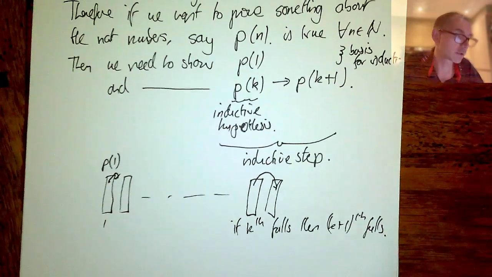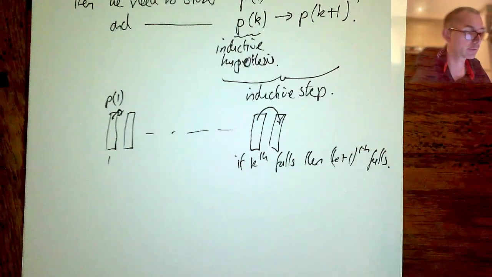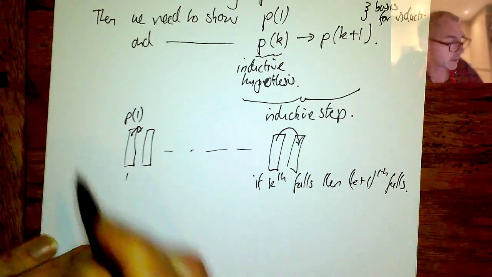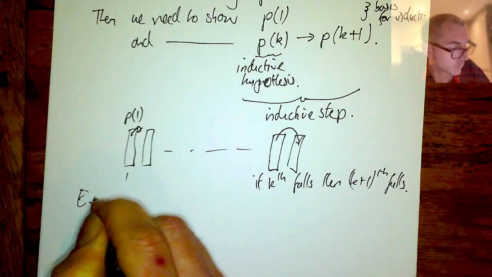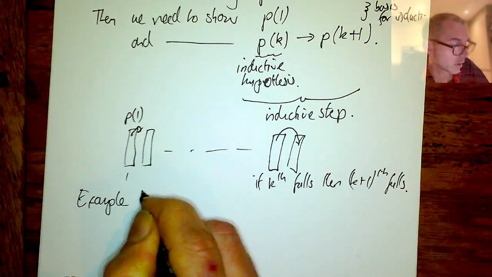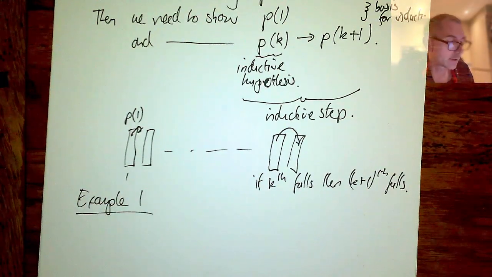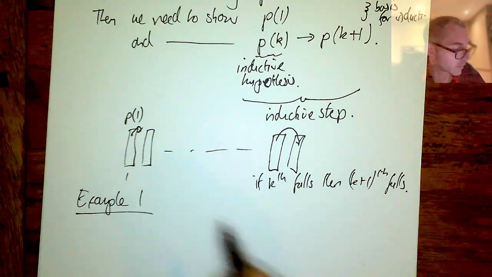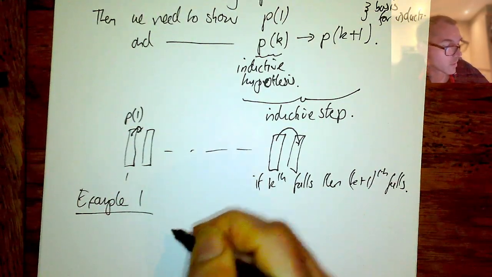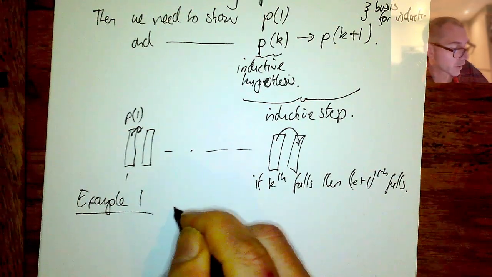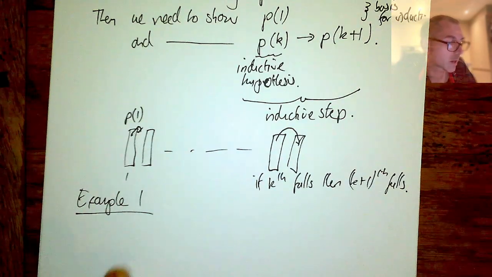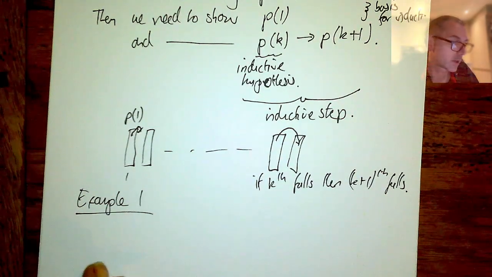Again, just seeing examples is kind of the best thing. So example 1 is the favourite example that everyone sees when they do this for the first time. I want to give a formula for the sum of the first n natural numbers.